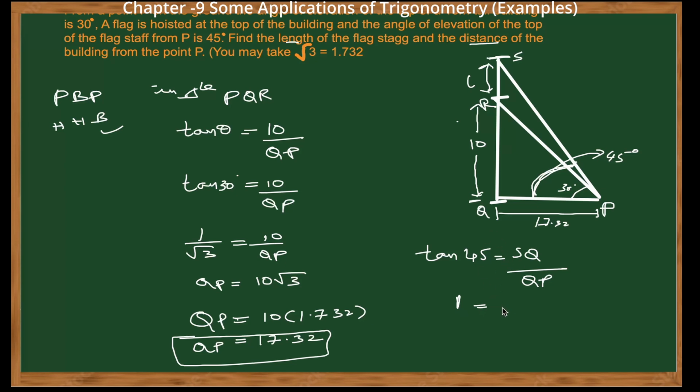SQ is nothing but L plus 10. The entire length of this building is 10, then plus the length of the flagstaff. Then we have QP, which we found, 17.32. So cross multiply: 17.32 is equal to L plus 10.